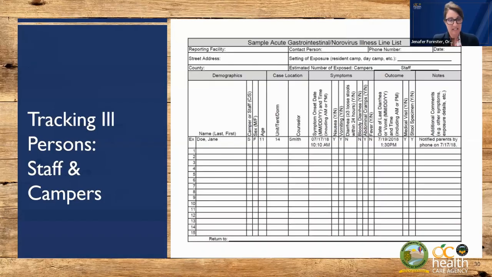As mentioned previously by both Sarah and Sheila, tracking ill persons, staff, and campers is required by organized camps. In this slide, you will have access to a sample acute gastrointestinal illness line list.